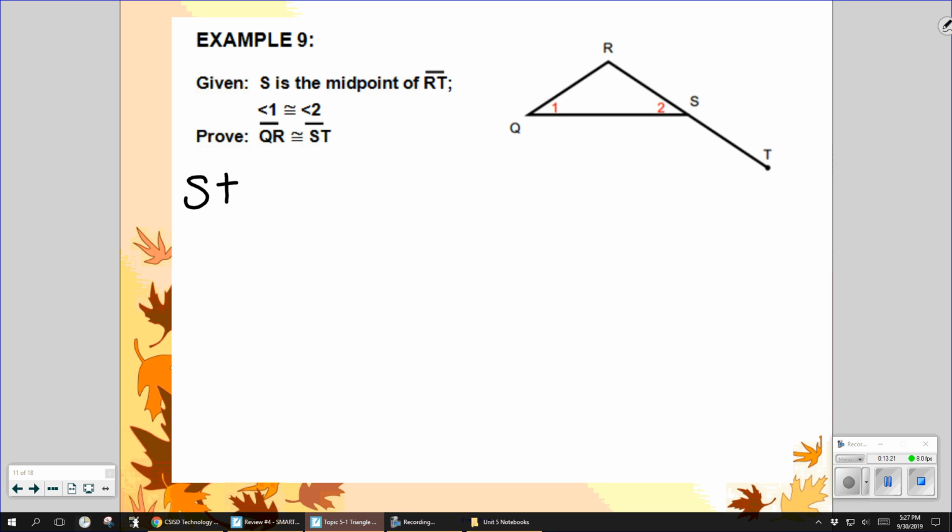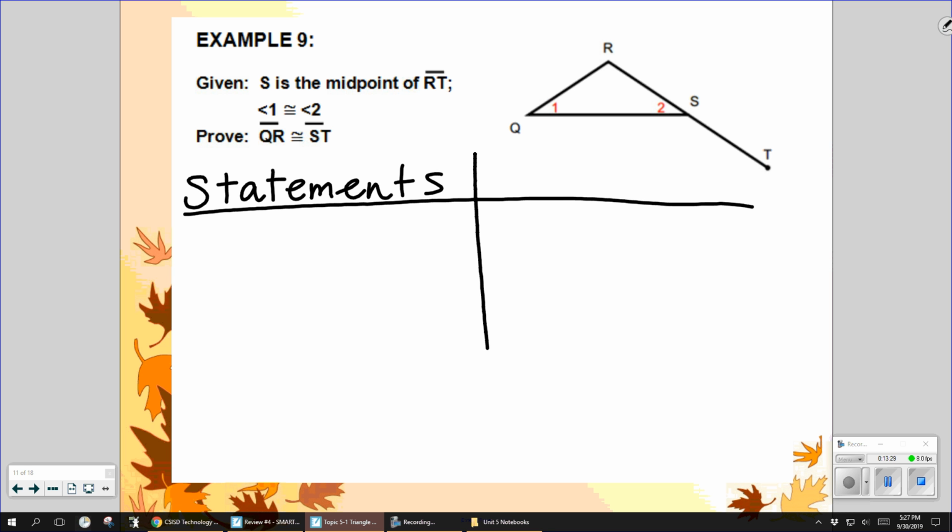So in this problem, we have a picture, and we know we are given the following information. We know that S is the midpoint of segment RT, and angle 1 is congruent to angle 2. And we want to prove that segment QR is congruent to segment ST. So let's go ahead and look in our picture.